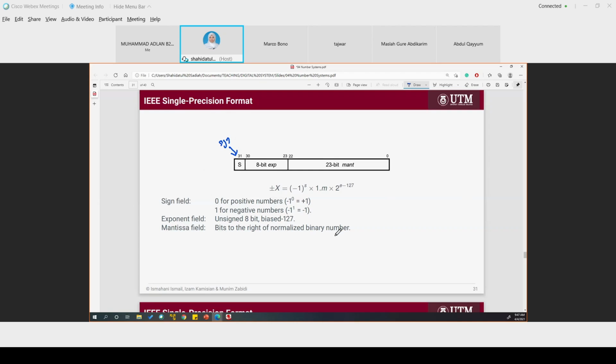For the binary number, we only put the fractions here. We only put the fractions.